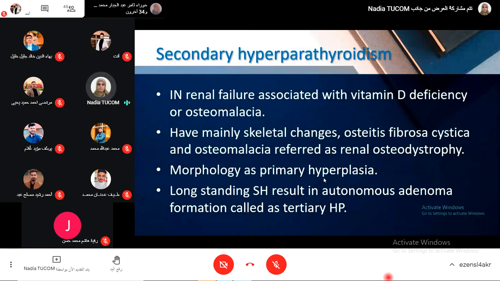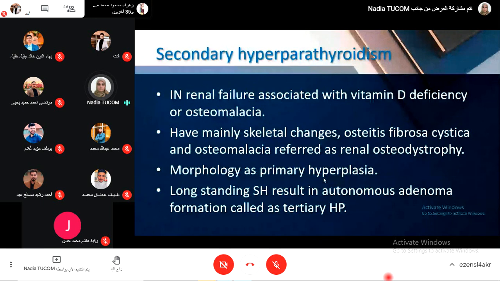So there is continuous stimulation of the parathyroid gland to secrete PTH for many years, to compensate for the lower level of serum calcium, with all its skeletal, renal, GIT and psychiatric manifestations.